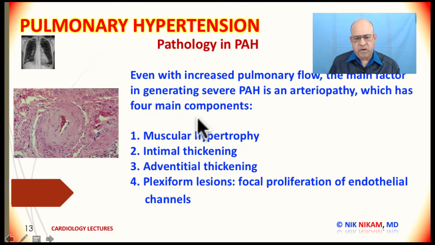Let's look at the pathology of vascular changes we see in patients with pulmonary arterial hypertension. The main changes that we encounter are smooth muscle cell hypertrophy, intimal thickening, adventitial thickening, and plexiform lesions, namely focal proliferation of endothelial channels.